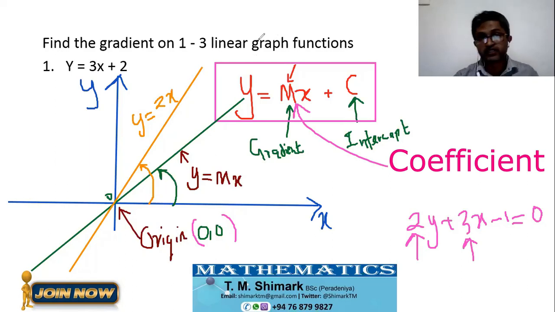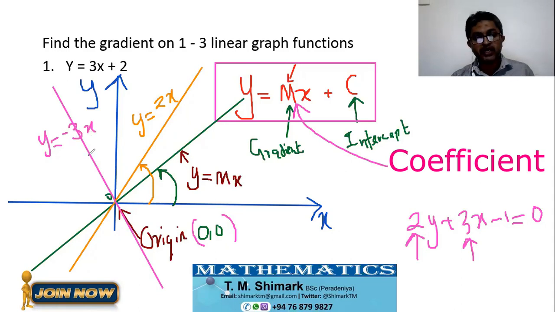And also we discussed this kind of graph, a graph going through this side, right? Y equals minus 3x. If you get minus 3x, minus 3 is the gradient here. The angle here is an obtuse angle.